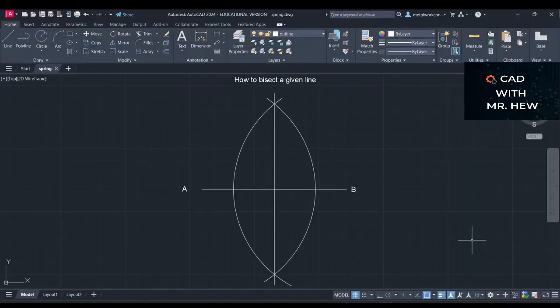Now, when you're learning to draw, the first principle that they normally teach you is how to bisect a given line. Just to recap, here we have a line AB, and it was 300 millimeters in length. We marked an arc with a radius greater than half the length of the line. Then, at B, with the same radius, we marked an arc.